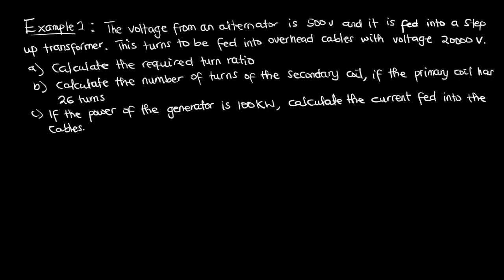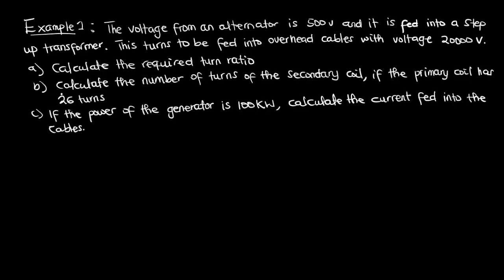So we have an example here. Let's look at it. The voltage from an alternator is 500 volts, and it is fed into a step up transformer. This is then fed into overhead cables with a voltage of 20,000 volts. A, we are to calculate the required turn ratio.